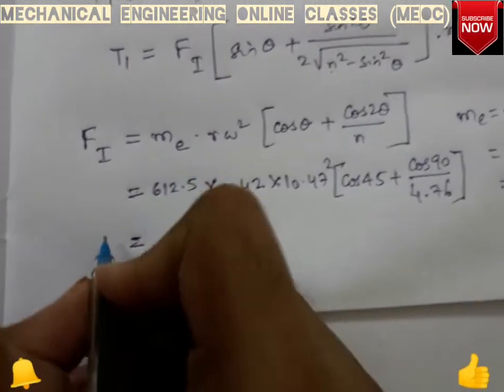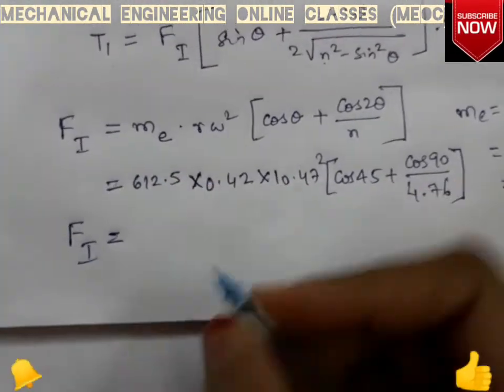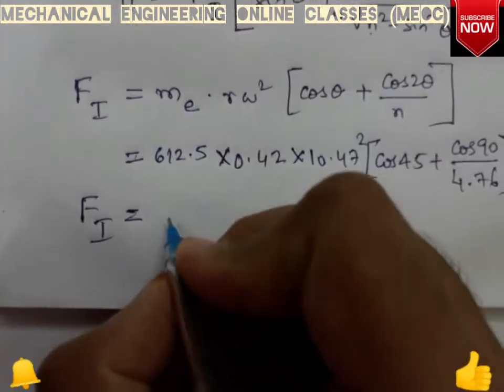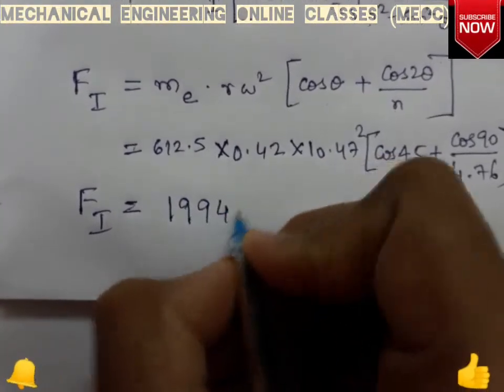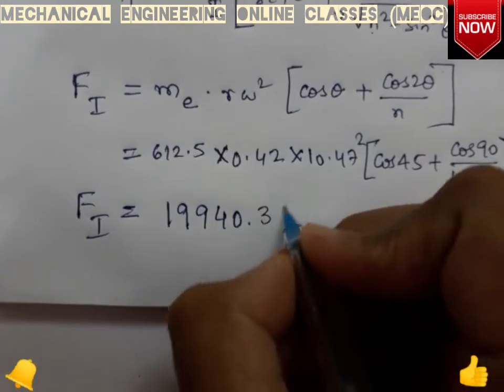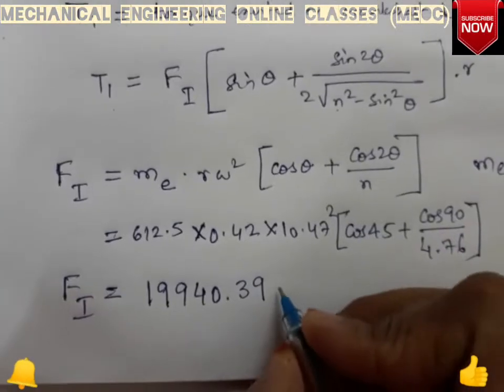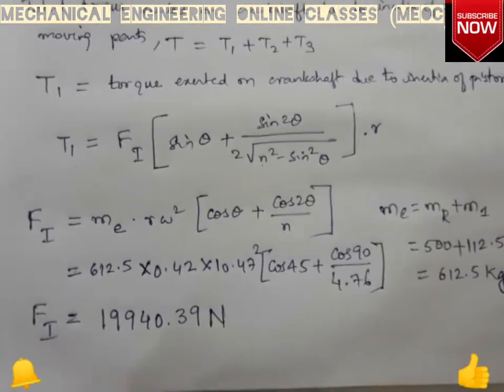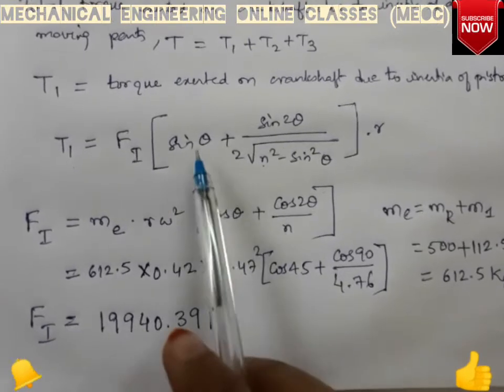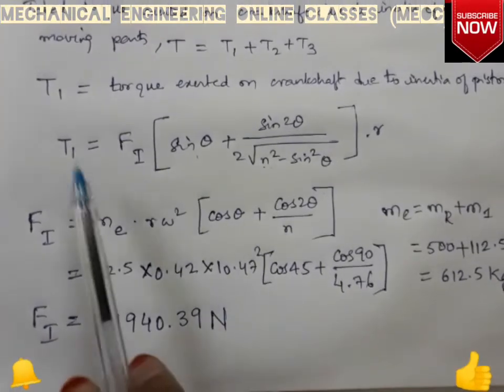On solving this, we get Fi as 19,940.39 newtons. Now since we know Fi, theta, n and r, we can find T1.